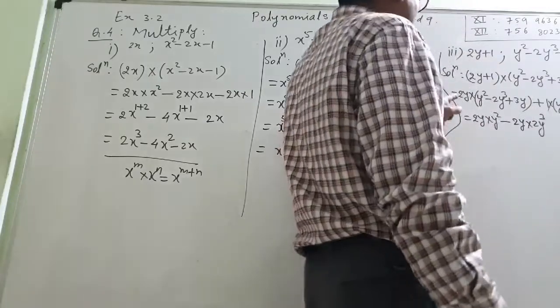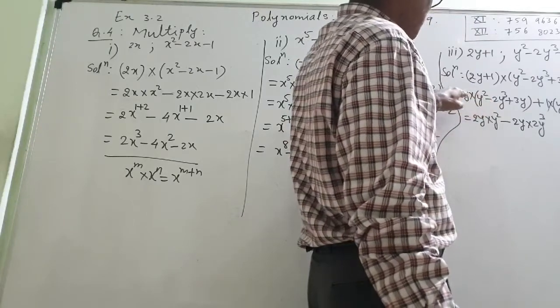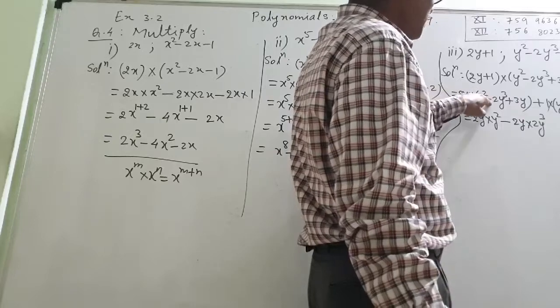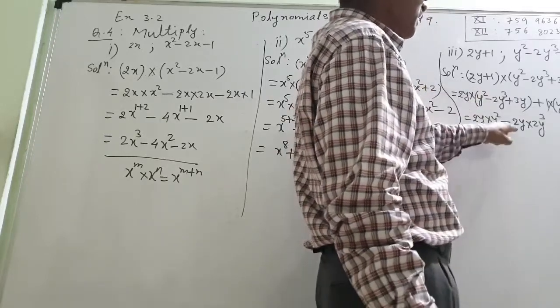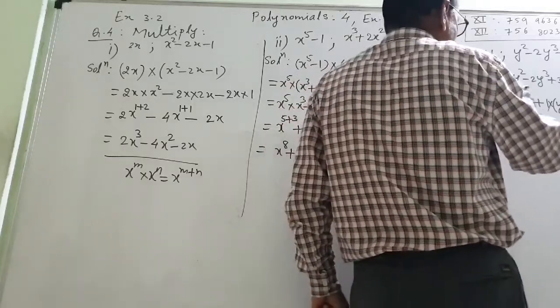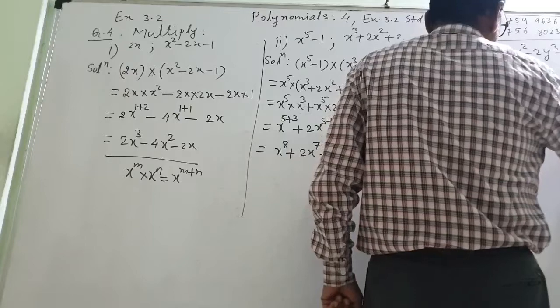See this 2y is plus, this 2y is minus. First of all, the multiplication of the signs, plus sign and minus sign, multiplication of opposite sign is always negative. So this is over. Now this and this, plus 2y into 3y.